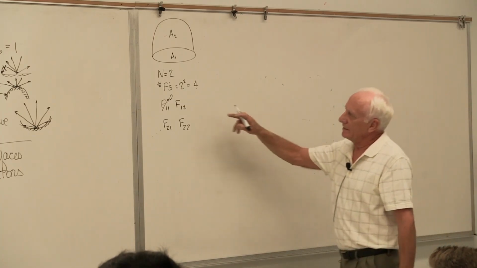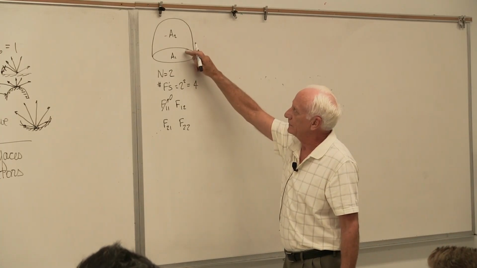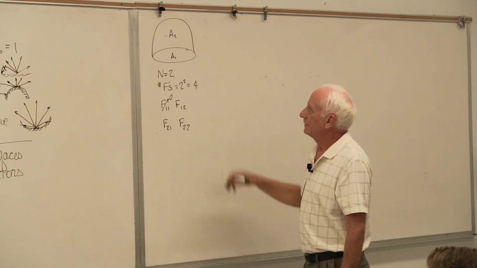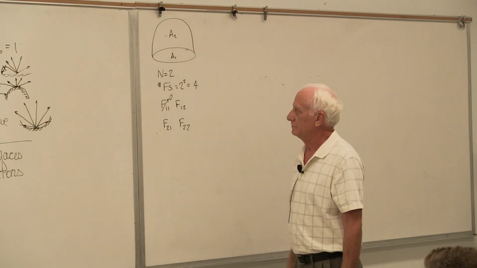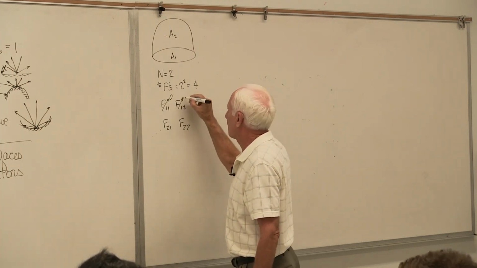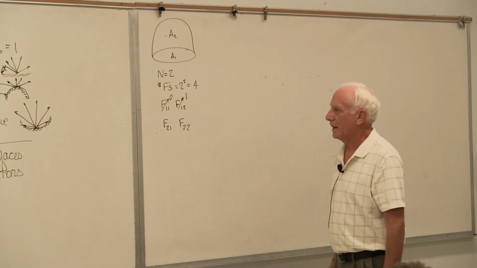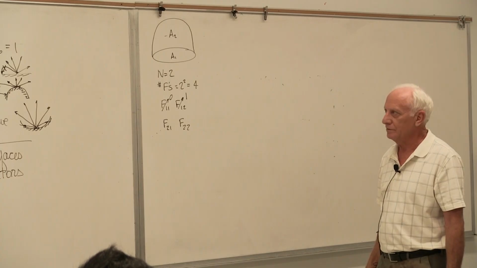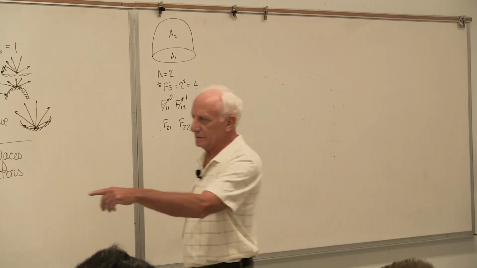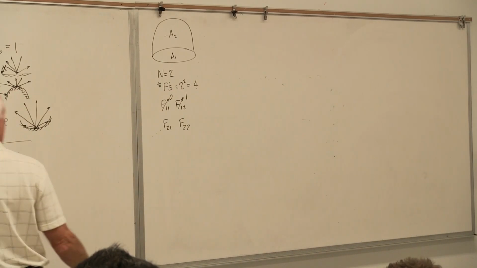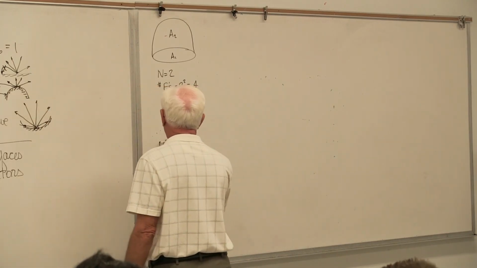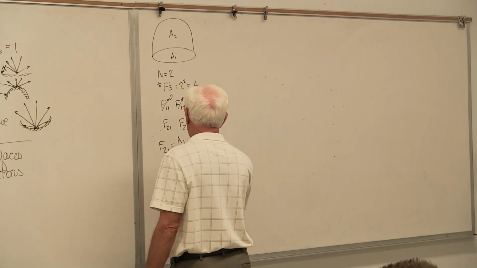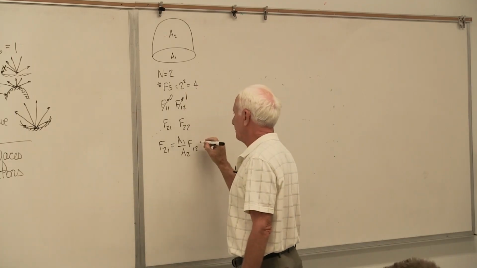I think all the radiation leaving surface 1 is going to hit surface 2. Yeah, that's right. All radiation leaving 1 will hit 2. Okay, F12 is 1. Now I'm stuck. I don't know F21. I don't know F22. I'm stuck, but now I use these guys. Oh, reciprocity. There we are. F21 equals A1 over A2 times F12. F12 is 1.